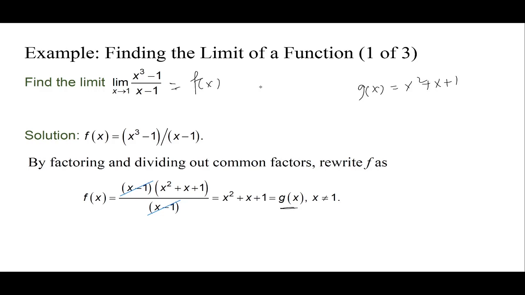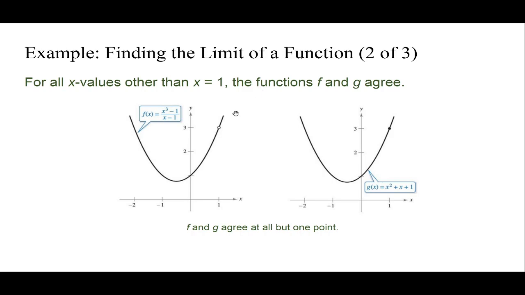As you can see here, this function f of x is not defined when x equals 1 because of this denominator. But this function g of x is defined everywhere. After simplification, f of x and g of x are the same thing except at x equal to 1. So they are the same function except at one point. This is the graph for the first one. When x equals 1, there is a hole, meaning this function is undefined at x equal to 1.